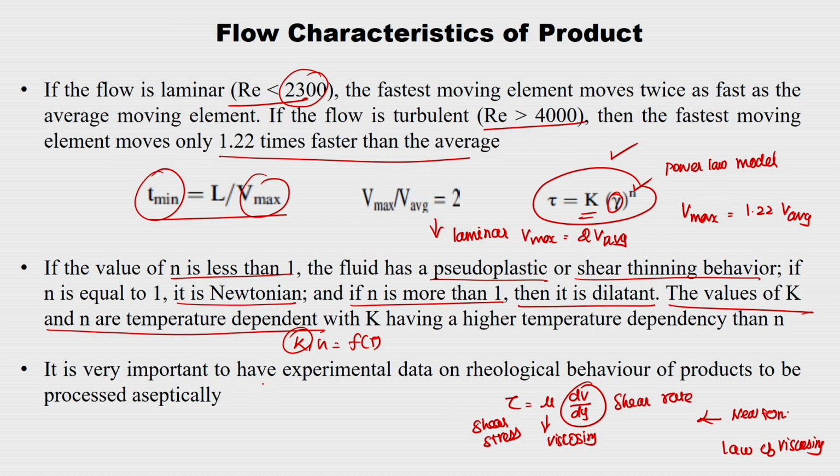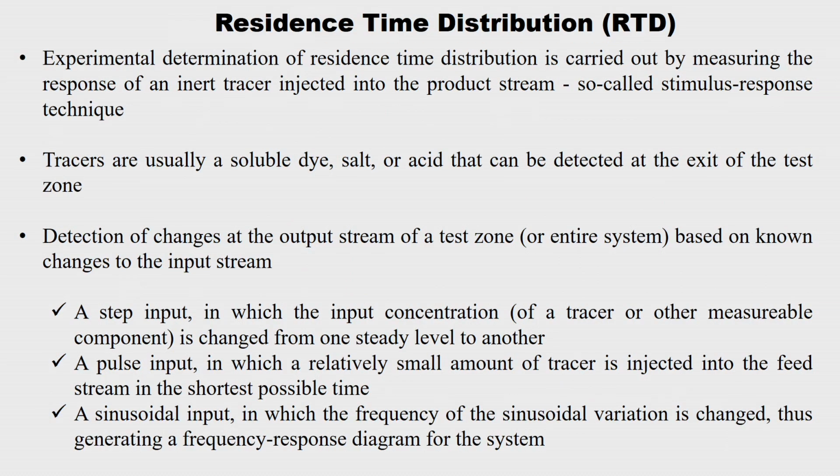It is very important to have experimental data on the rheological behavior of products to be processed aseptically, because it is not always true that when you increase the temperature your viscosity decreases. There may be a gelation or coagulation property or glass transition temperature, because of which even if you increase the temperature, there may be an increase in viscosity.